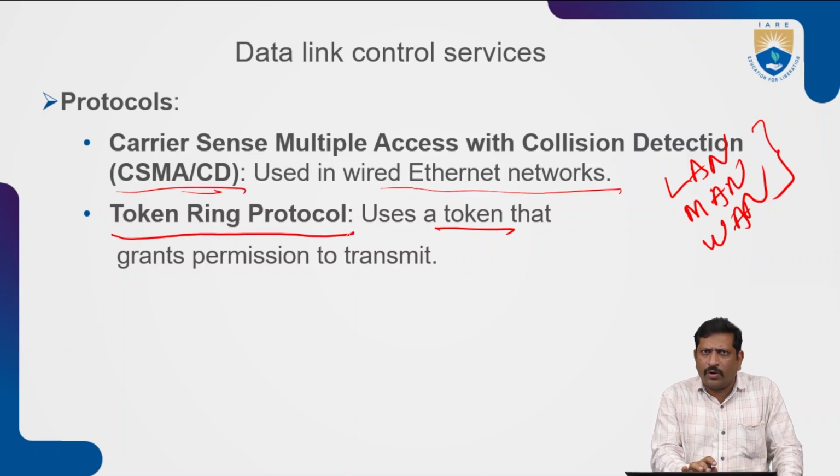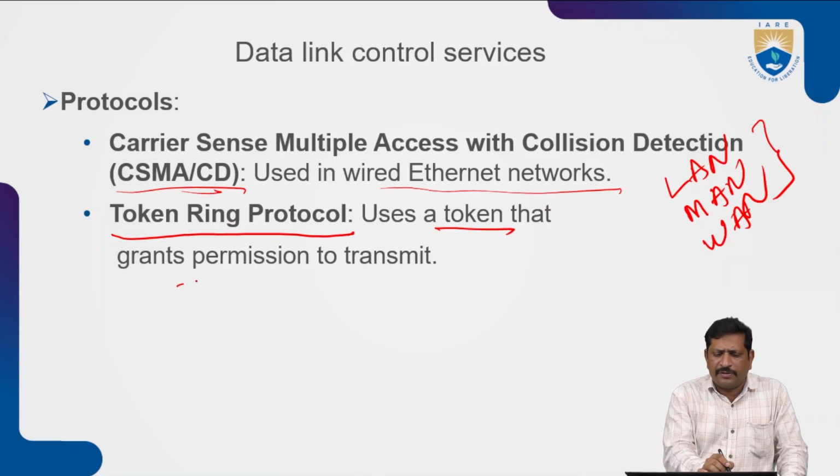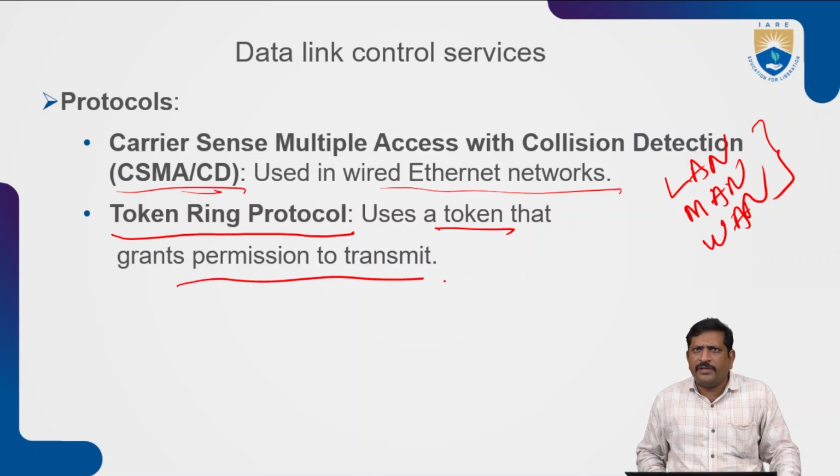With it, the collection of packets is transferred using a token that grants the permission to transmit. By granting this permission, a large amount of data can be transferred in the form of tokens. That is why we use the token ring protocol.